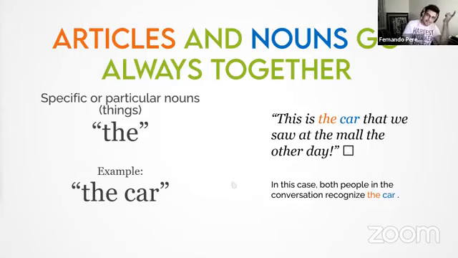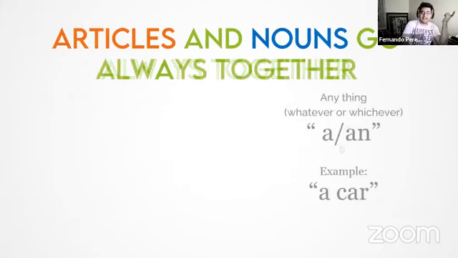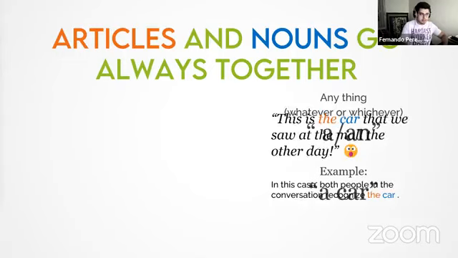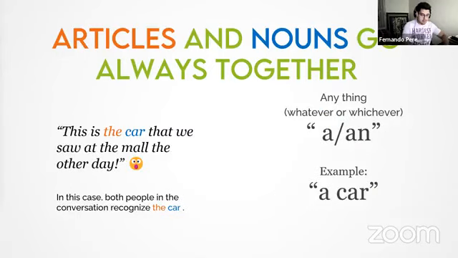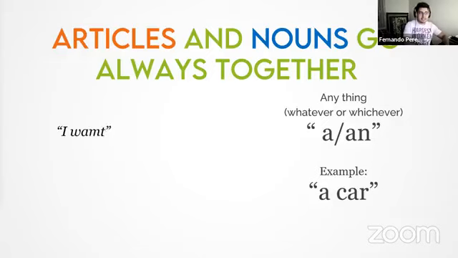On the other side, we have a versus an, or a. And I can say, for example, I want to buy a new car.